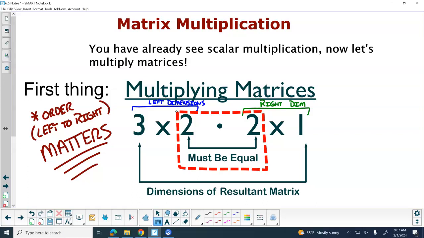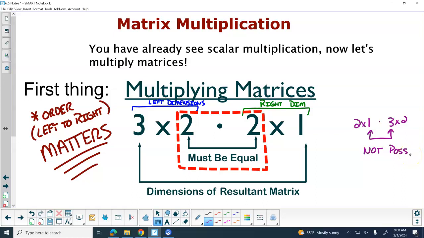If they are not equal, you cannot multiply the 2 matrices together. Can't do it. If those 2 numbers are different, you're done. So if we switch the order, we would have a 2 by 1 matrix times a 3 by 2 matrix, and now these 2 are not the same, and this is not possible.